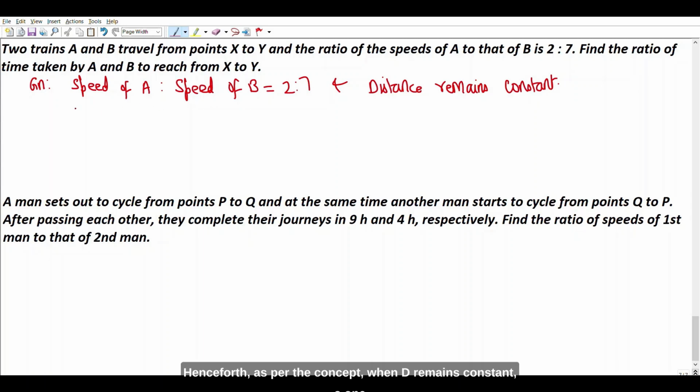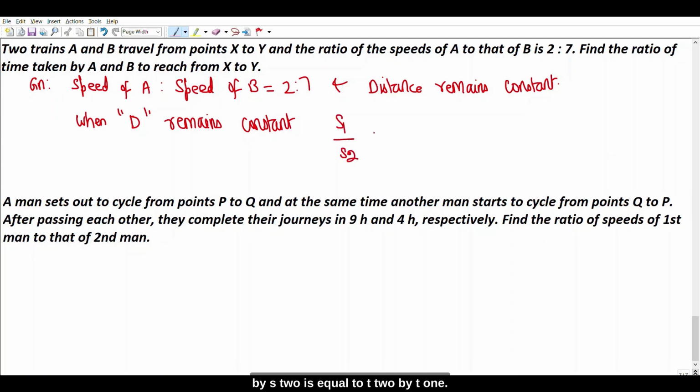Hence, as per the concept, when D remains constant, S1 by S2 is equal to T2 by T1.